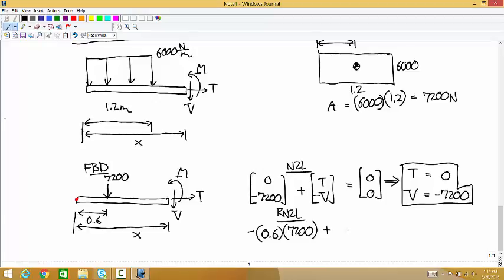And then we have plus m minus vx equals 0. So m is equal to, what's 0.6 times 7,200? 4320. Yep. So we have negative 7,200x plus 4320.